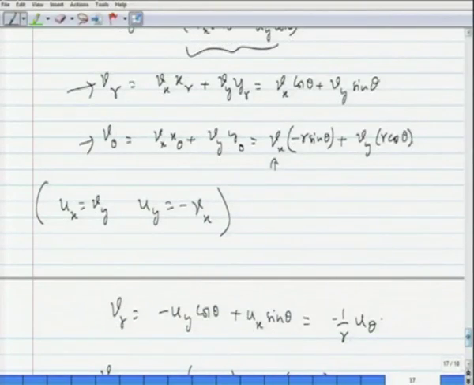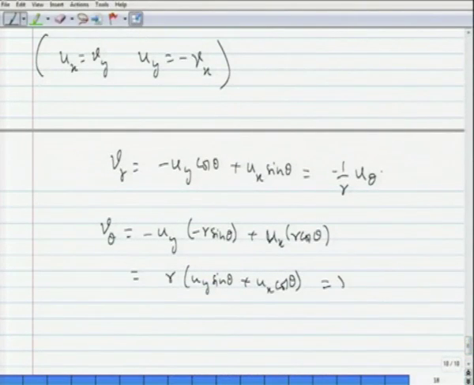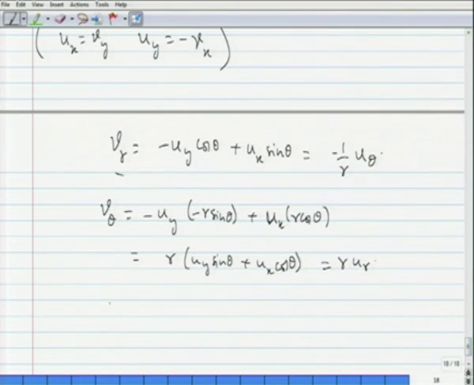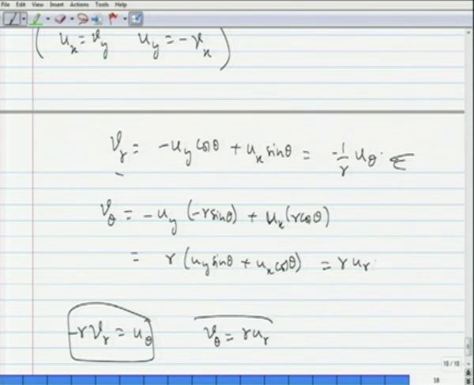Okay. So, this is r times u r. Okay. So, we have new Cauchy Riemann equations in polar coordinates. It says minus r v r is u theta. Okay. This is from here. Okay. And then v theta is r u r. Okay. So, these are the Cauchy Riemann equations in the polar form.